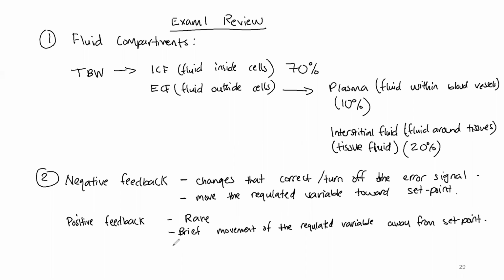Okay, and then it usually feeds into a negative feedback loop, right? So it's going to feed into a larger negative feedback loop. In other words, positive feedback is really a part of negative feedback, but it's just a very brief time where we move away from set point, deliberately so, for a desired outcome.